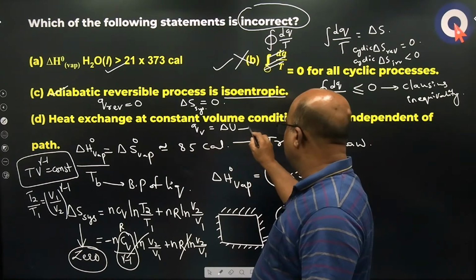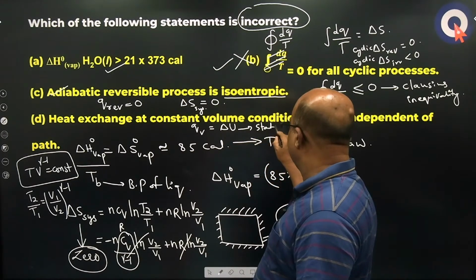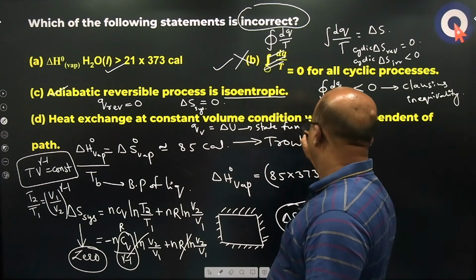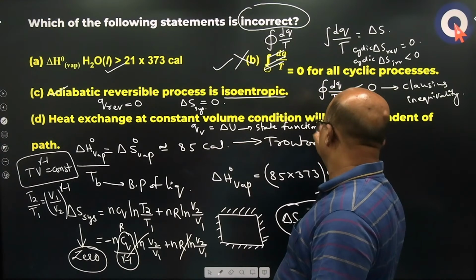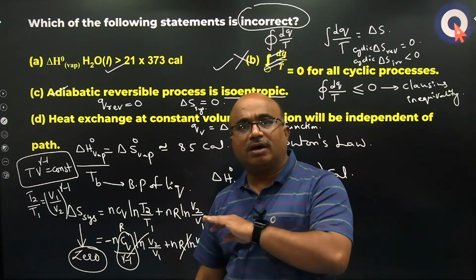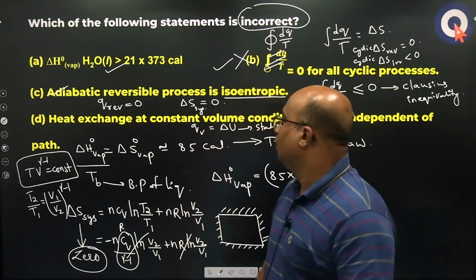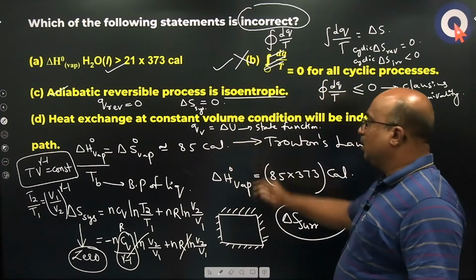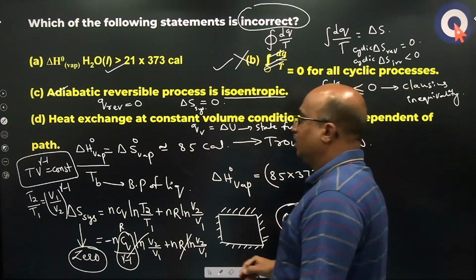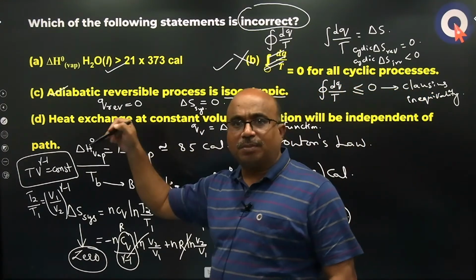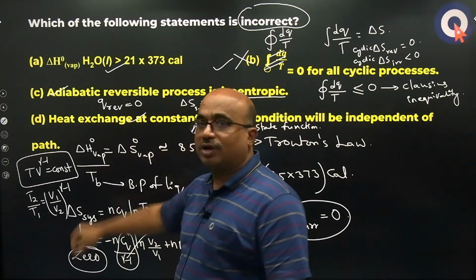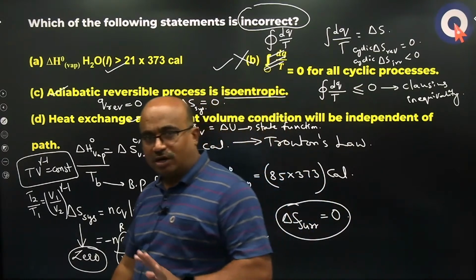But internal energy is a state function, and state functions do not depend on the path that is followed. So QV is nothing but internal energy change, a state function, so it does not depend on the path. So this statement is also true for us, so that is also not our option.